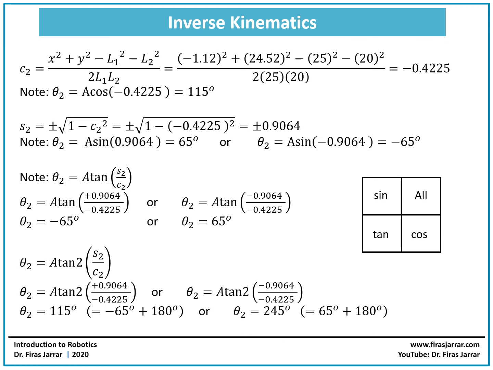You still get minus 65, but now you have to identify that the plus 0.9 corresponds to the sine, and the sine is positive in the first and second quadrants, whereas the minus 0.4 corresponds to the cosine, because tan is sine over cosine. The cosine is negative in the second and third quadrants.